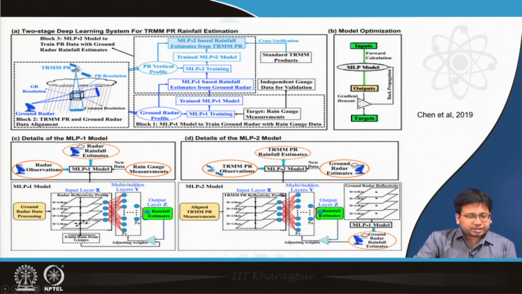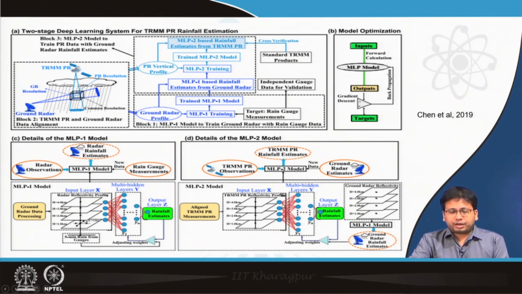These MLP1 and MLP2 models are simple fully connected neural networks with multiple hidden layers. They are not convolutional, though it might be interesting to try CNNs in this case and see how it plays out. But this is the paper.